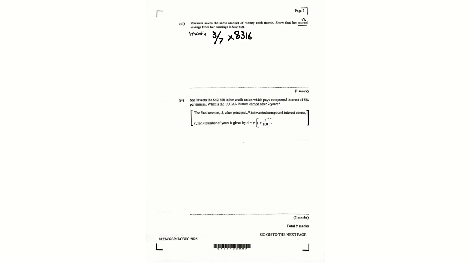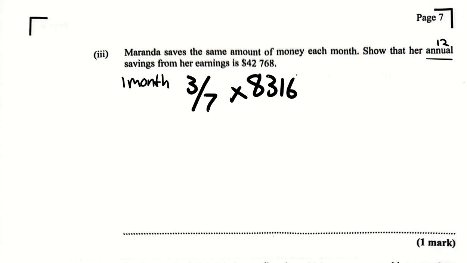So let's do that. 3/7 times 8,316. So we know that for 1 month, let's zoom up. When you multiply this, you're going to get an answer of 3,564.